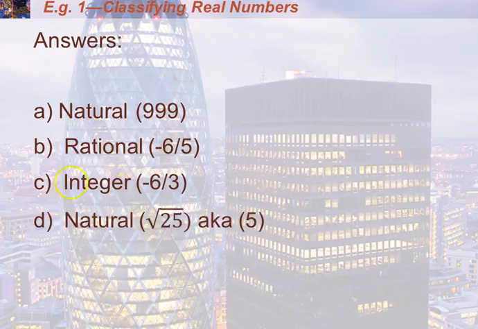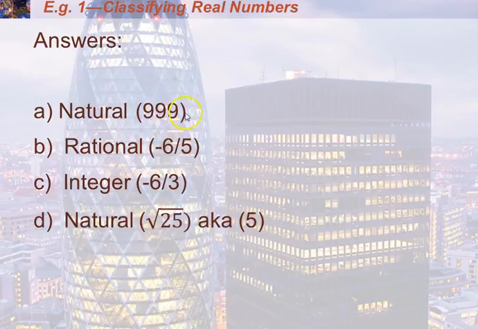Okay, natural. This one is a very tricky way to write a natural number. It looks like it has a square root, and you don't want to train yourself to say, oh, it's got a square root, it's got to be irrational. Use a calculator and check what kind of number it gives you. If you put this in a calculator, it's just going to say 5, which is a natural number, just like this one.